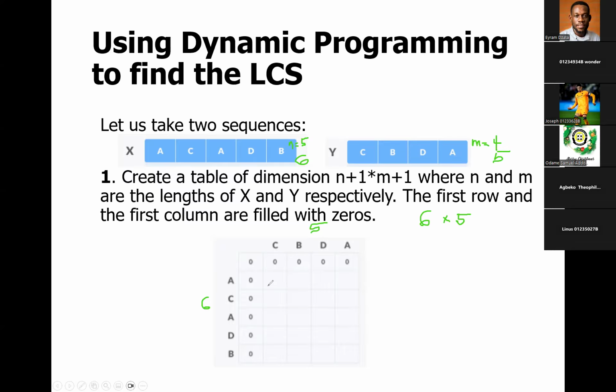Now, when you draw the table, the first row and the first column are filled with zeros, as you can see here. The first column and the first row are filled with 0.